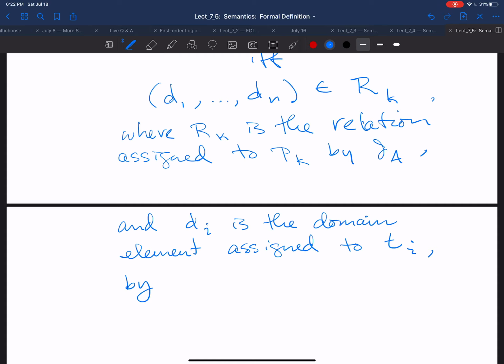Well, that depends on whether ti is a constant symbol or a variable symbol.